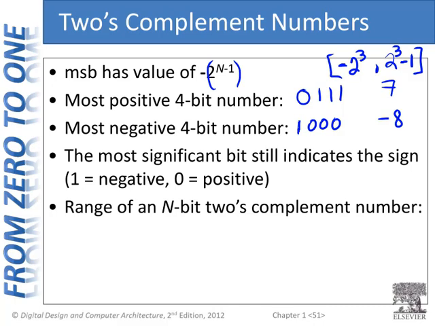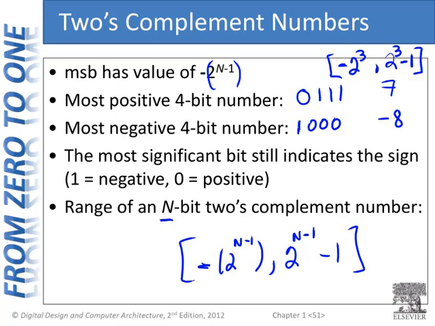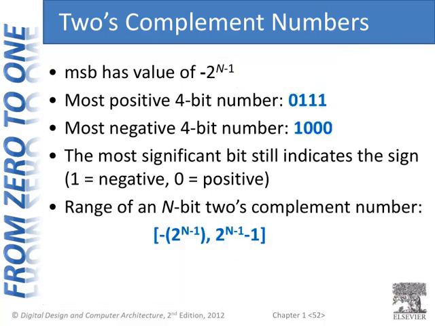So in general, for an n-bit number, we get from minus 2 to the n minus 1 up to 2 to the n minus 1, minus 1. For 4 bits, we had 2 to the 3, so that was n minus 1. Again, written out nicely for your convenience.